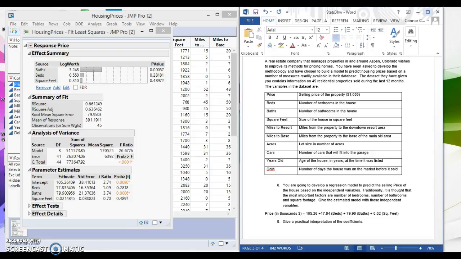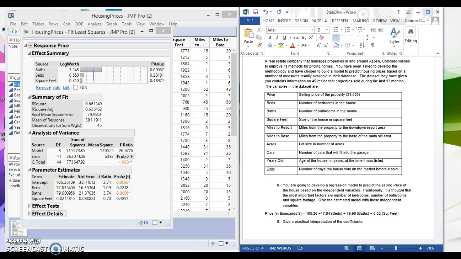Give a practical interpretation of the coefficients. So we did this in the last homework also. Pretty much the first one would be if there's no beds, no baths, and no square feet, then it would be worth 105.26 thousands of dollars, which really doesn't make any sense. So you could say that's an impractical interpretation.